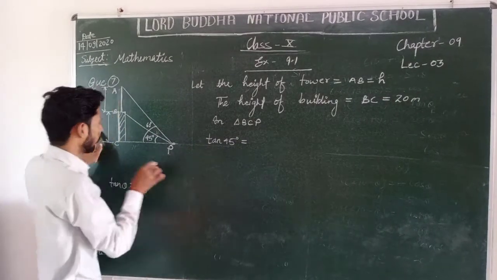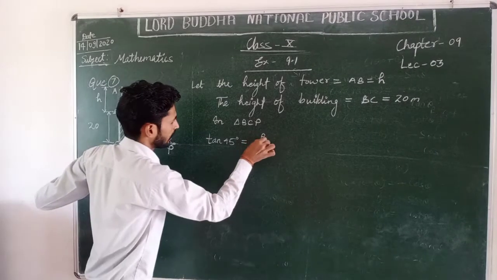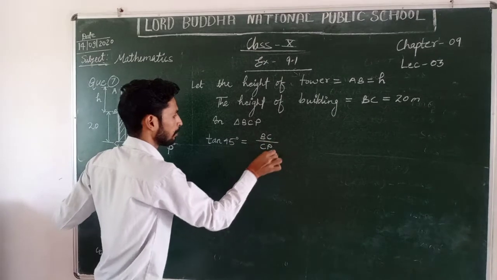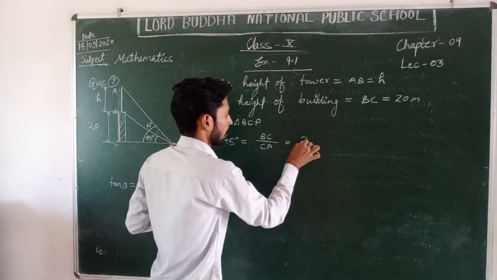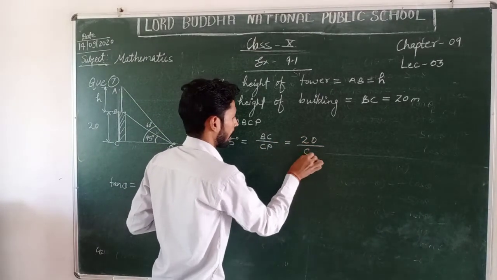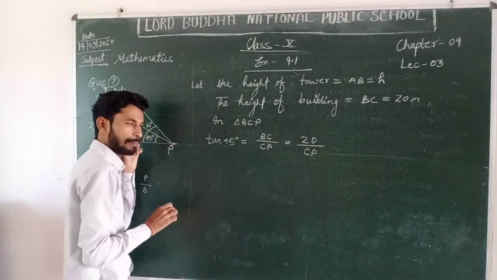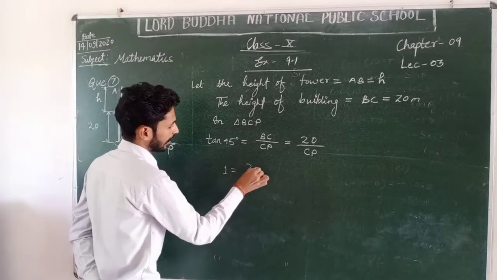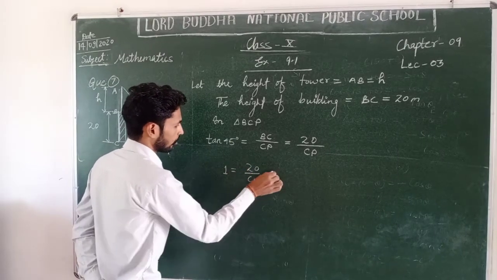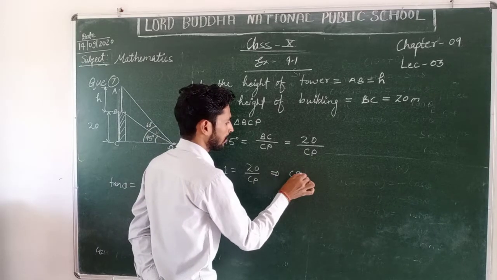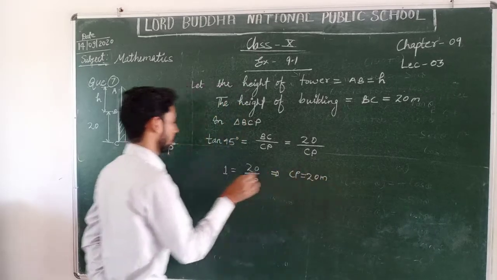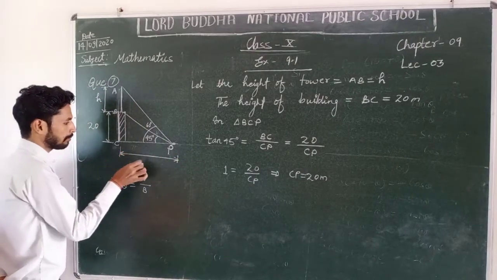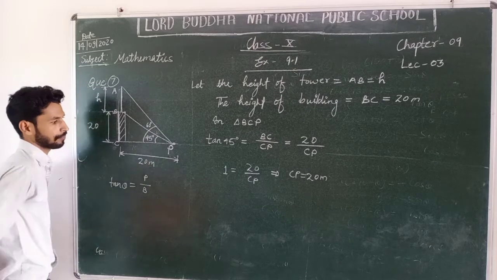The value of perpendicular is BC, so write BC upon CP. Perpendicular is 20 and the base, suppose, is CP. Tan 45 equals 1 equals 20 upon CP. So we can say the value of CP equals 20 meters. So the distance between the point and the bottom of the building is 20 meters.